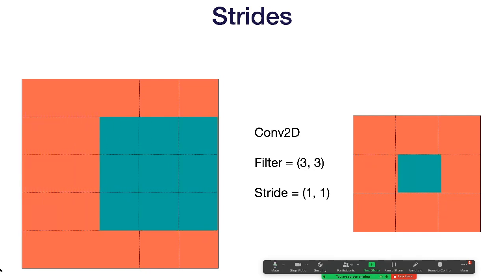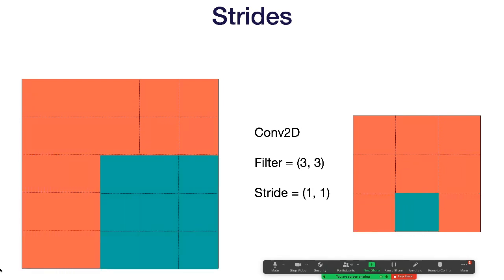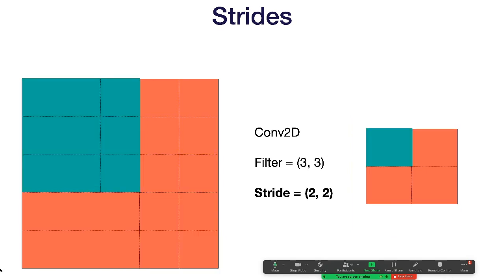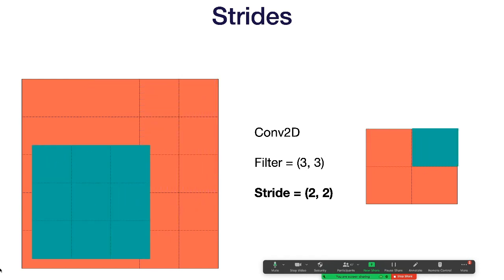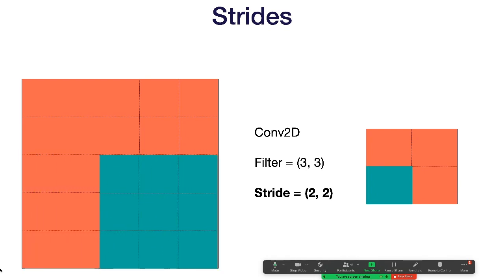And so we do this across the whole image. If we add a stride to this convolution operation, we're going to skip the second position that the convolution operates on. So we skip over that second position, and we do that in both dimensions because this is a 2x2 stride. And usually you'll see strides that are the same on both dimensions.